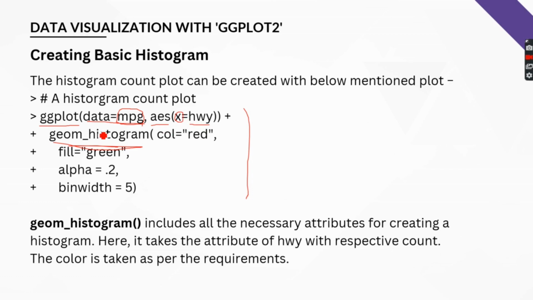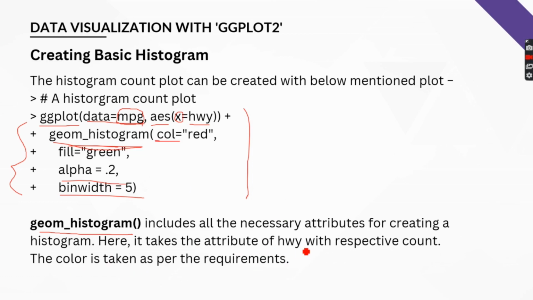Okay, fine. Again, we are defining the histogram color red, fill it with green, alpha should be 2 and bin width should be 5. We are defining the design of our histogram. We are literally writing here geom_histogram. It includes all the necessary attributes for creating a histogram. It takes the attribute of HWY with respective count.